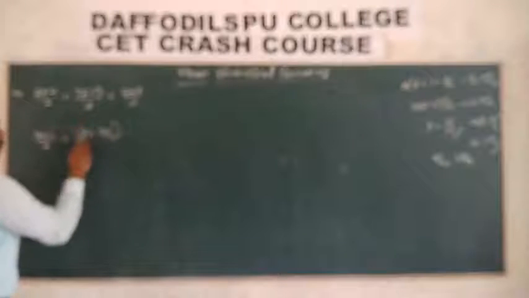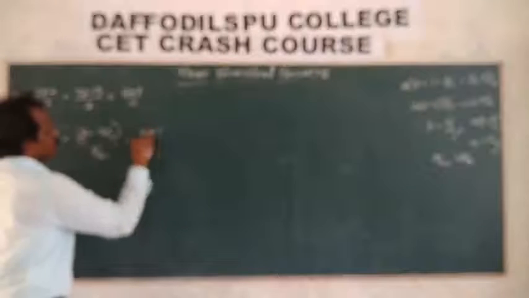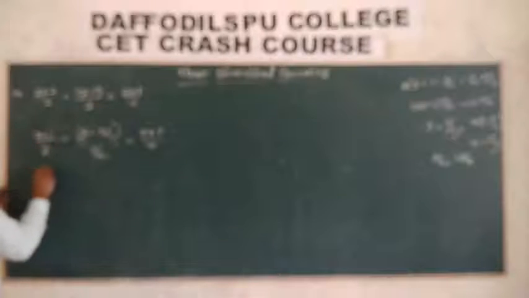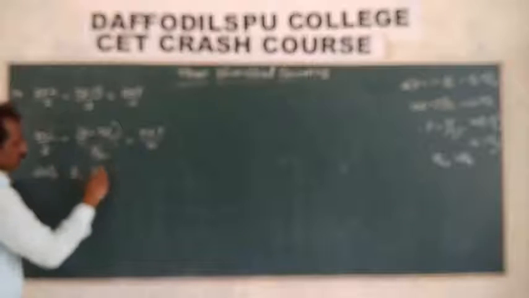This can be written as (x minus x1) by a, (y minus y1), so the denominator we write like this, 3 by 2, and (z plus 1) by 0. So these are the direction ratios: 2, 3 by 2, 0. These are the direction ratios.